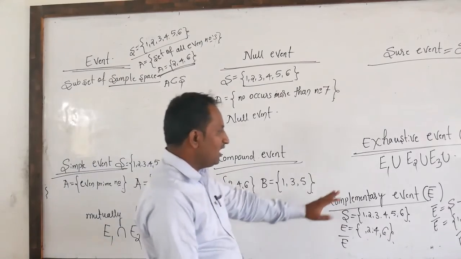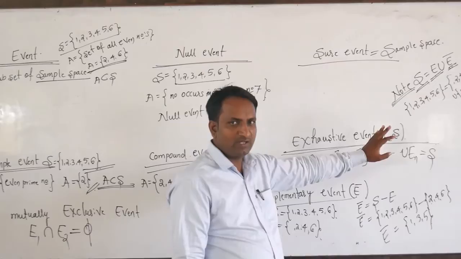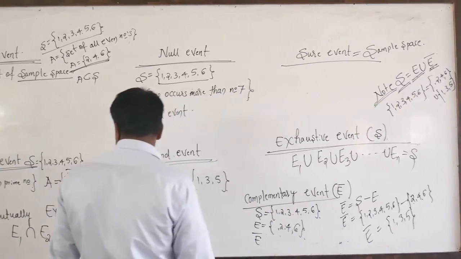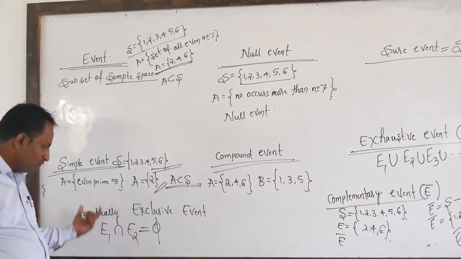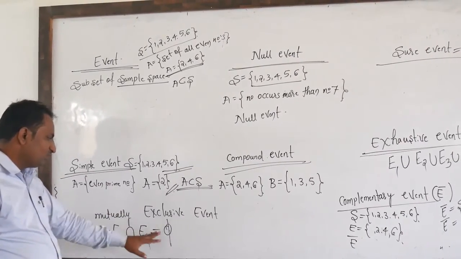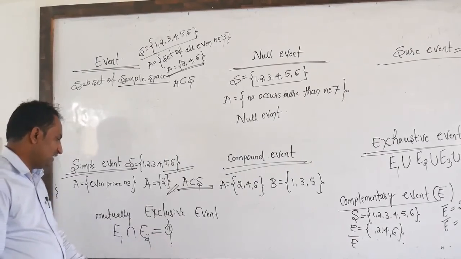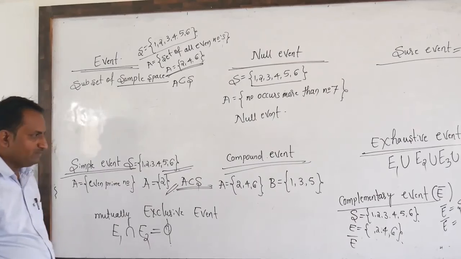Exhaustive event: E1, E2, E3, so the union of these terms gives the sample space. Mutually exclusive: E1 and E2 are two events, and the intersection of those two events is equal to the null set, then the events E1 and E2 are called mutually exclusive events.